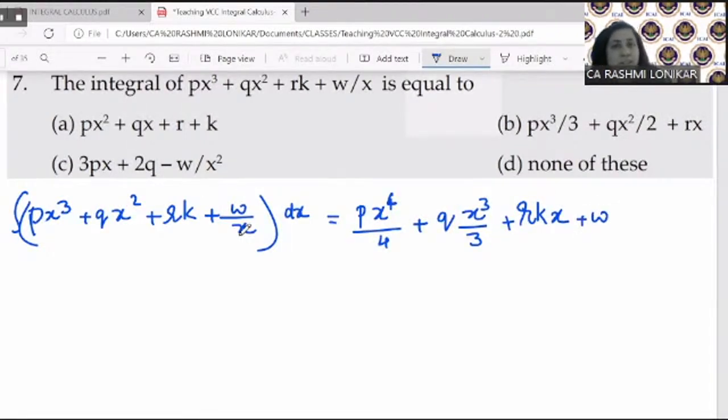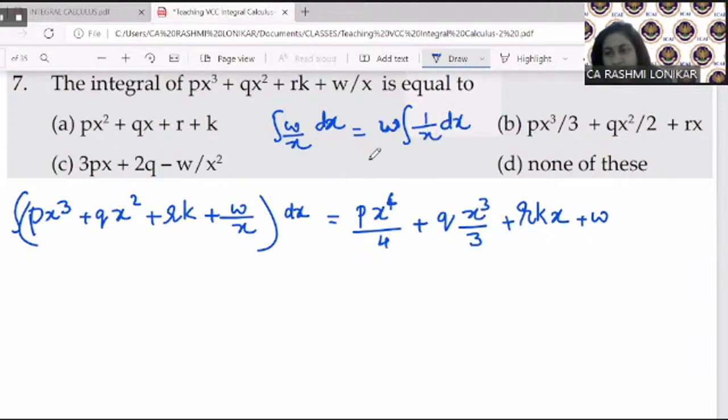What is the integration of, let me show it to you. Integration of w upon x dx. W is a constant, so it will be w integral of 1 upon x dx.